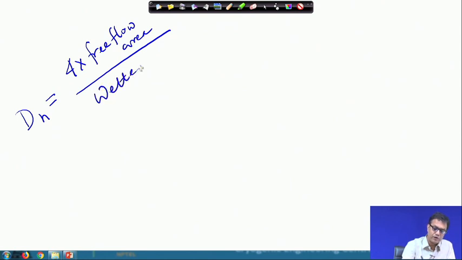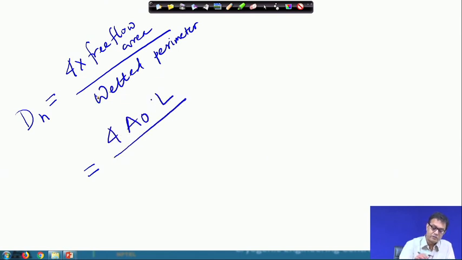Now, if we multiply both the denominator and the numerator by the length, we find that this is nothing but 4 times A0 times L divided by P, and P multiplied by L is nothing but the heat transfer surface area.